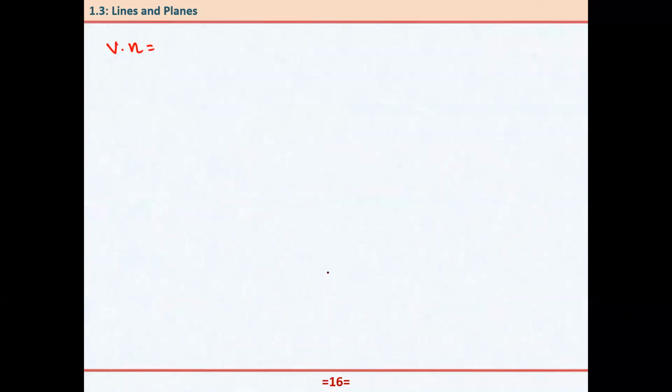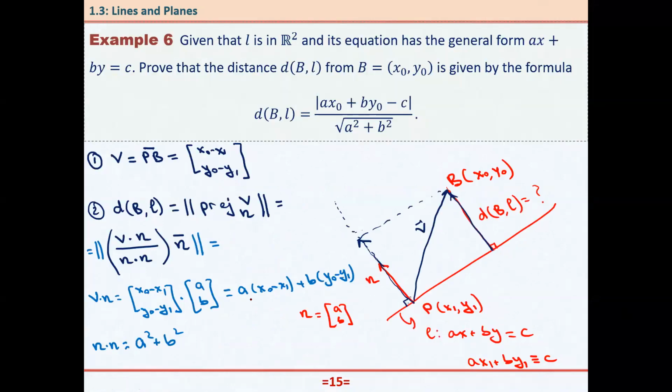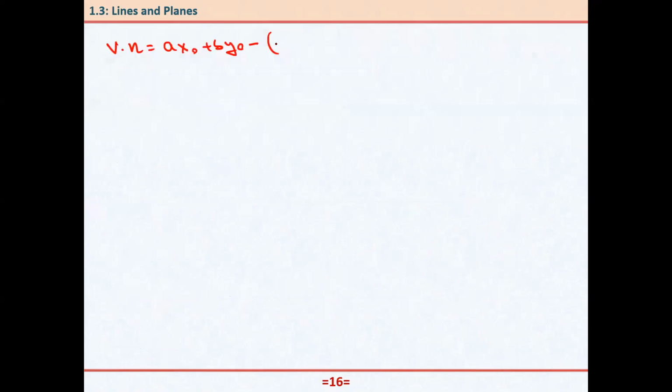If you write this in this form, I can write it as A x sub 0 plus B y sub 0 minus, and here we have A times x1, B times y1. Keep this minus out. So here we have A times x1 plus B times y1.